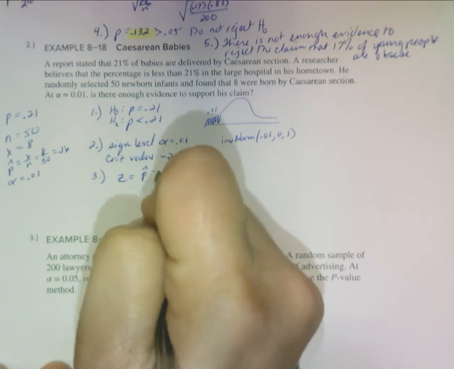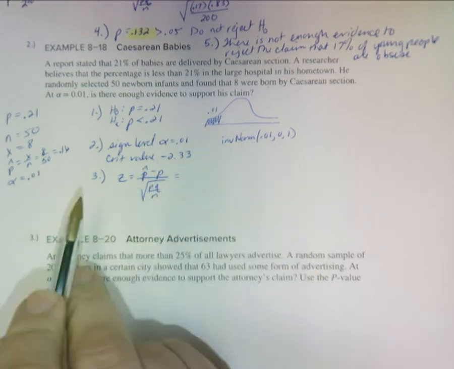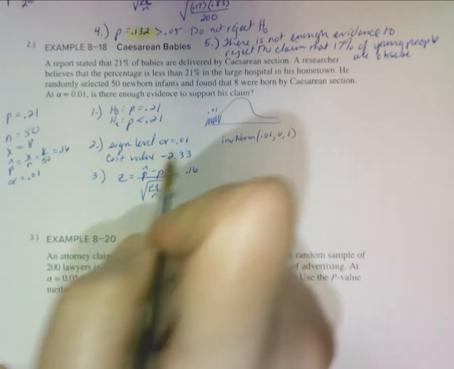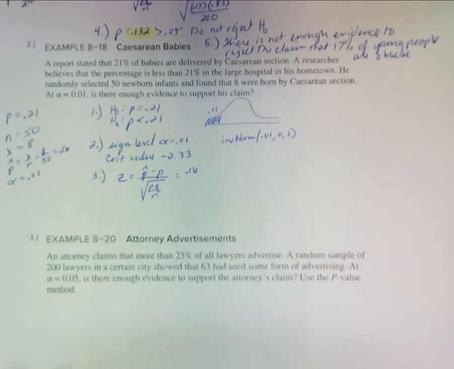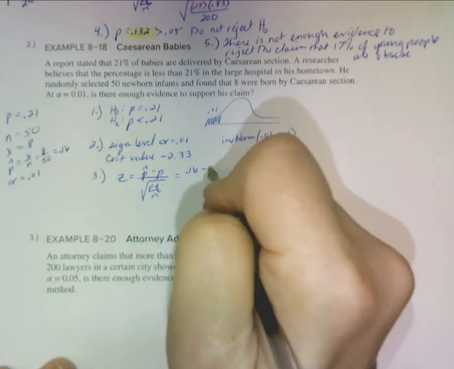Step number 3, let's plug in our z. P hat minus P over square root of PQ divided by N. P hat, 0.16. See, I like having everything written over here. Kind of helps me out. Minus your population, 0.21.